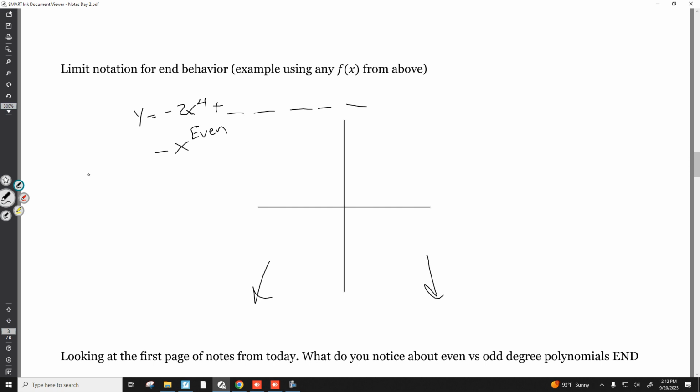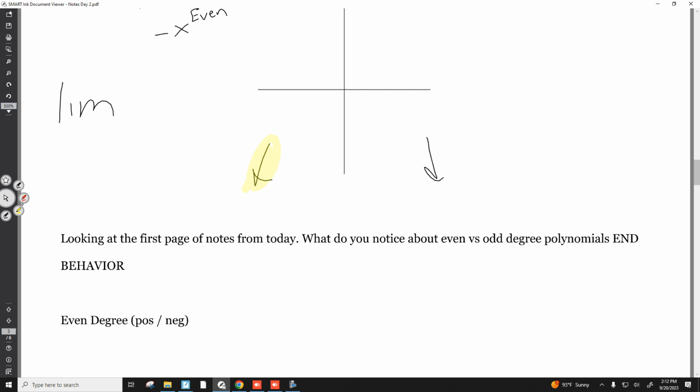Let's talk about this one. To the left, I'm going down. We would say that the limit as x approaches, okay, we're talking about x's, as our x's go to negative infinity, this is me saying I'm looking to the left.